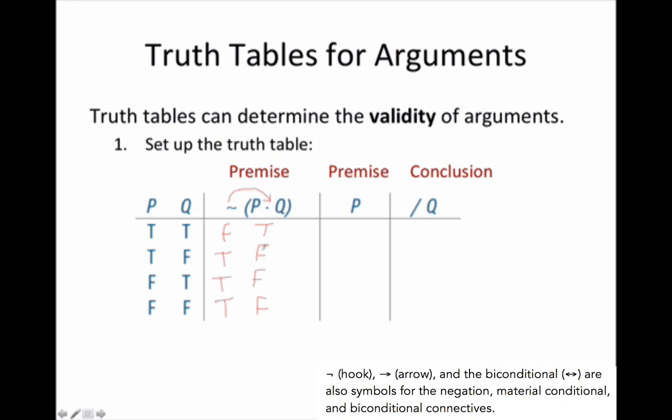And if it's easier for you when you're working along, you can always erase or scribble out the values that you use to determine the values under the main connective, and that way you don't get confused. You know exactly what you're looking at. We can then take P and Q's values respectively, because these are two simple sentences, and just plug them in.